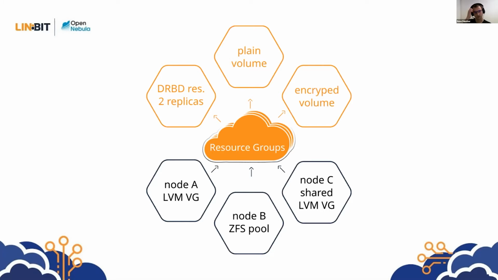So you could have a resource group which just plainly creates storage layer storage, which in LINSTOR terms is just an LVM LV volume, or a ZFS volume. Or if you want DRBD replication on it, it would create resources and use them. But this will be a bit clearer when I show you the demo.